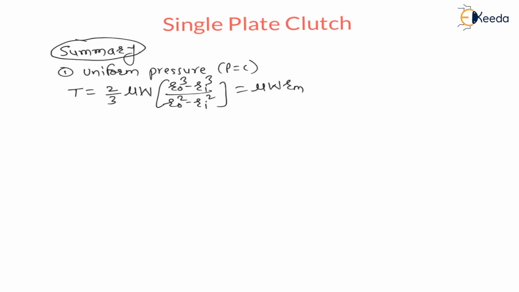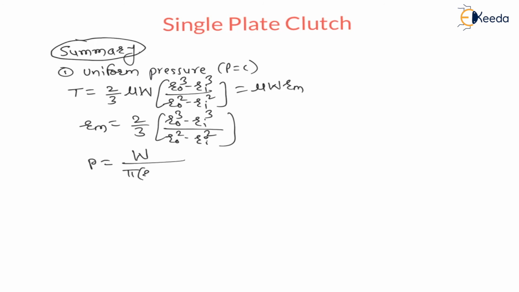Rm is mean radius of friction. Therefore, mean radius of friction becomes 2/3 (Ro cube minus Ri cube) divided by (Ro square minus Ri square). And constant pressure is equal to W divided by pi (Ro square minus Ri square). This is as per uniform pressure theory.